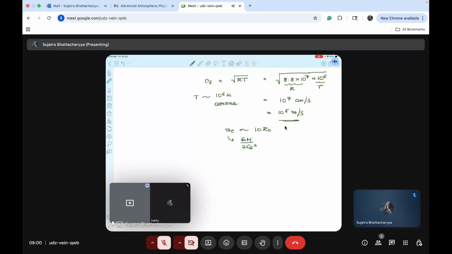If you do the constants, RC comes out to be 10 times the radius of the sun. So RC is about 10 times the radius of the sun. Okay, so these are a couple of things.